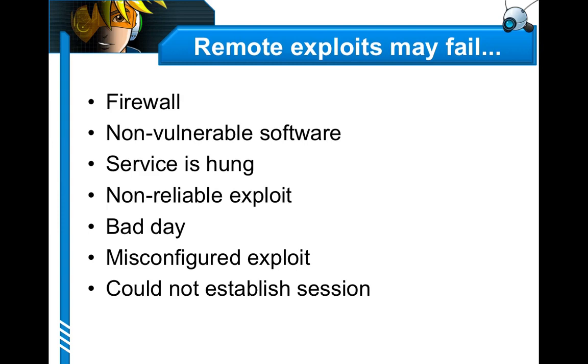Because keep in mind, exploits are taking control of a running program by forcing a flawed condition. And exploits make a lot of assumptions about the state of the program when they're being exploited. And if the program is in a different state, the exploit's not really going to work.